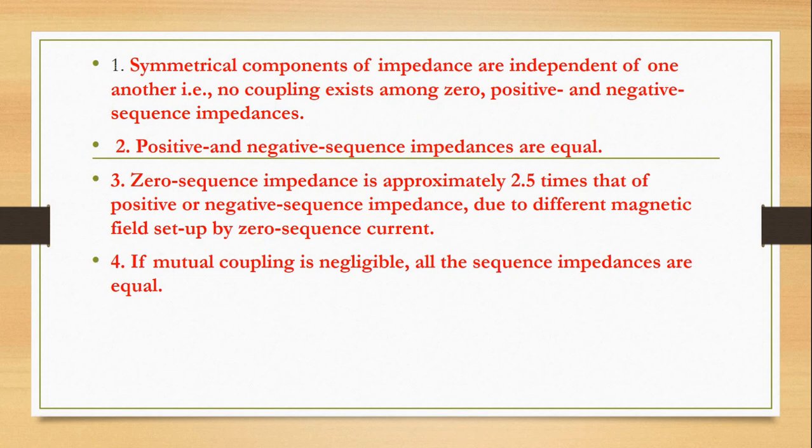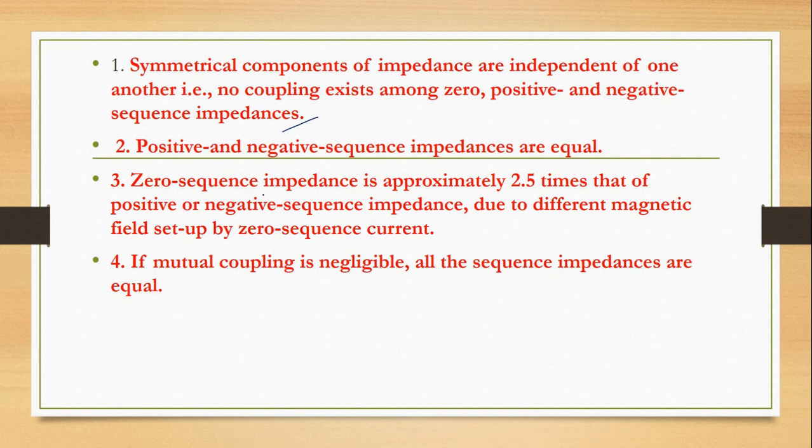From this, we can conclude point number 1: symmetrical components of impedances are independent of one another. There is no coupling among zero, positive and negative sequence impedances. Second, positive and negative sequence impedances are equal.